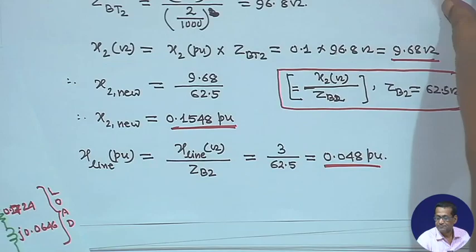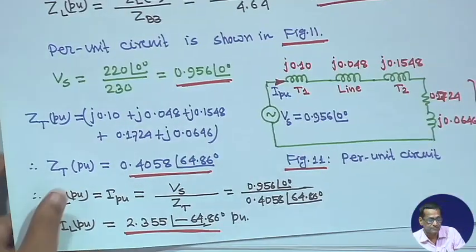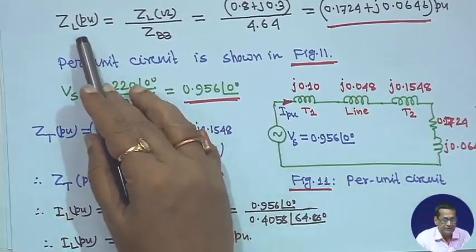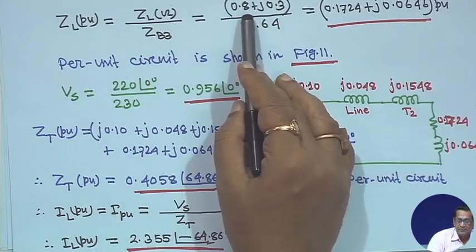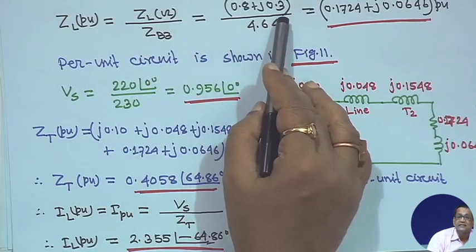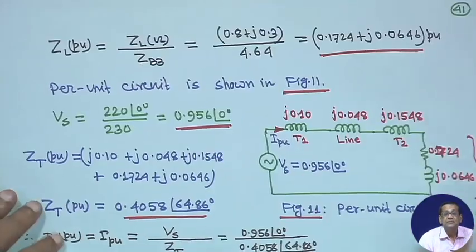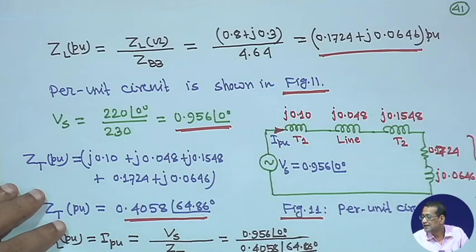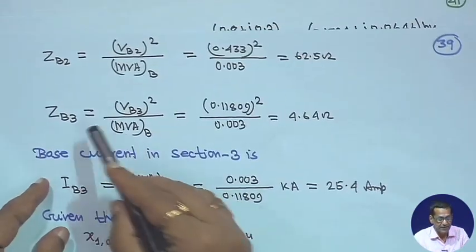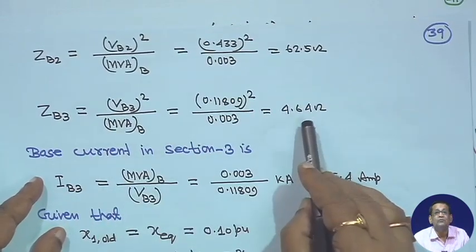Next, the load is given. Load per unit, ZL per unit, is equal to the ZL ohmic value, which is given as 0.8 plus j0.3, divided by the base impedance of line section 3. Section 3 base impedance we obtained as ZB3 is equal to 4.64 ohm.